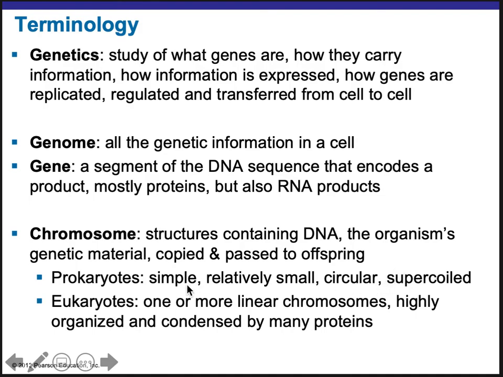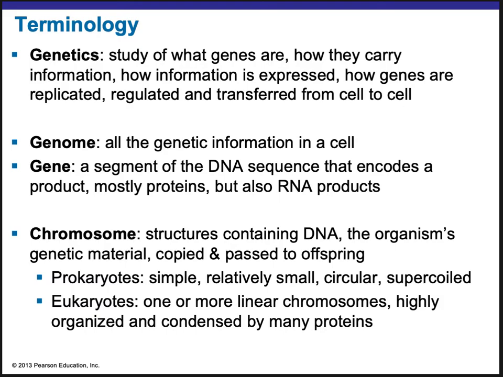Their circular DNA will be bound to the plasma membrane to keep it organized, in a specific area. All right, eukaryotes, on the other hand, you know that we have a nucleus that contains our chromosomes. A eukaryote will have one or more linear chromosomes. The classic example that you're used to seeing is the little X, which would be two copies of the chromosome before cell division.